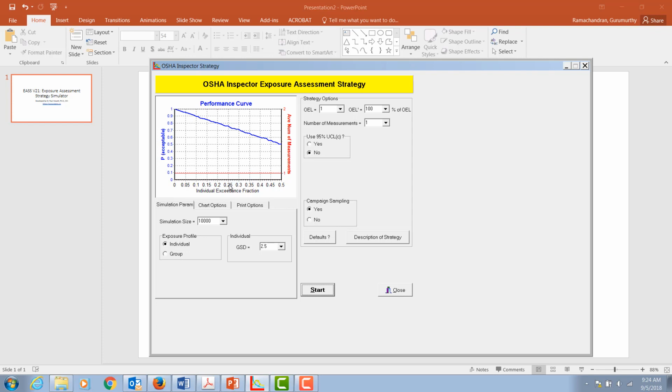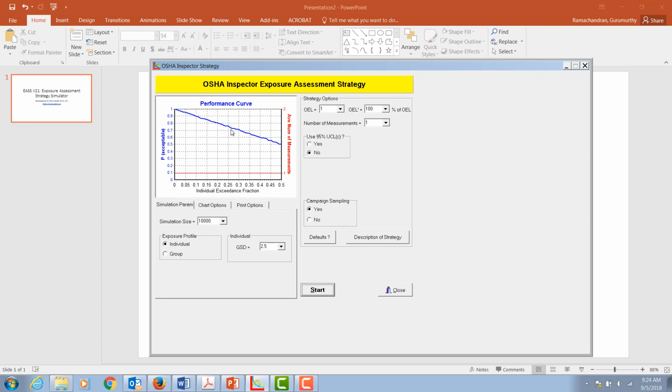So, for example, 25% exceedance, that means that 25% of the time the measurements are going to exceed the exposure limit, which means 75% of the time they will not be exceeding, they are below the exposure limit. And so 75% of the time the strategy will say that it is an acceptable exposure profile. The exposures are acceptable for this particular scenario.